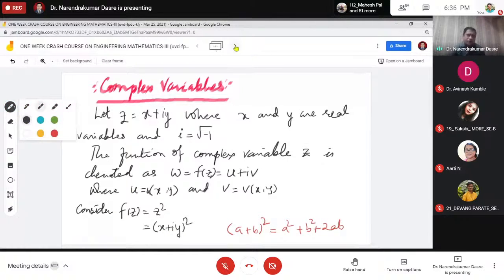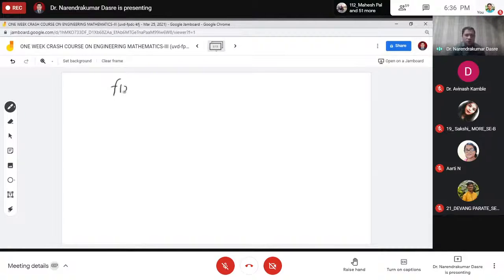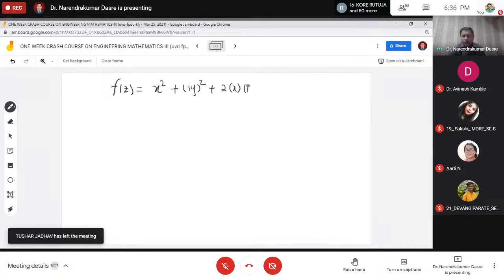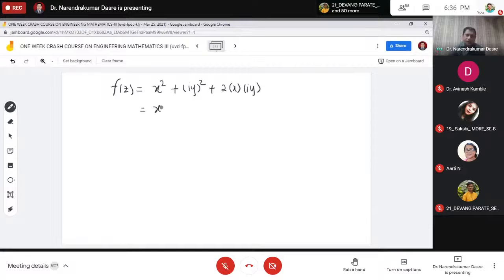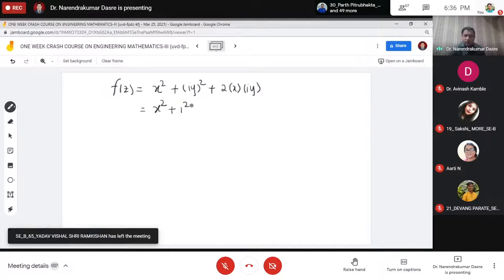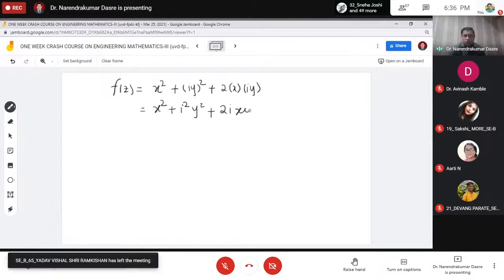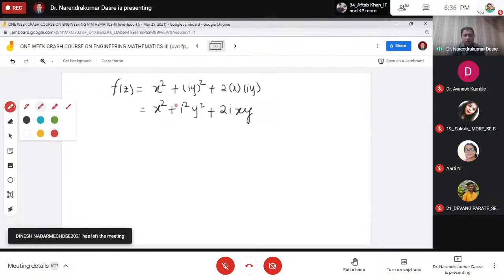Okay, so using this, if we expand, then what we get here, f of z is equal to x square plus (iy) square plus 2x and this is iy. Okay, now simplify, so it is x square plus i square y square plus 2ixy. So what we know about this i, i square is equal to minus 1.